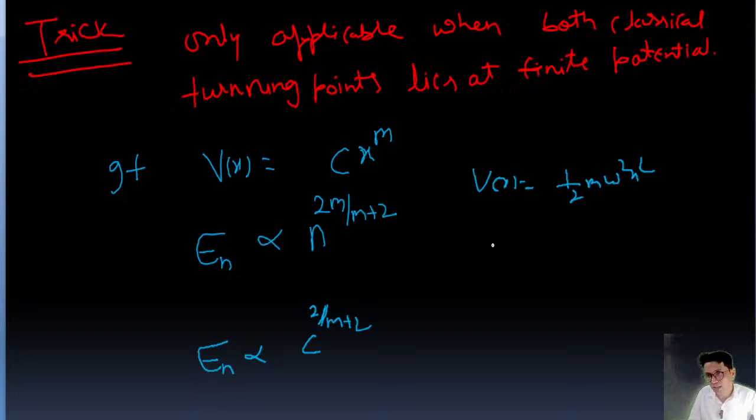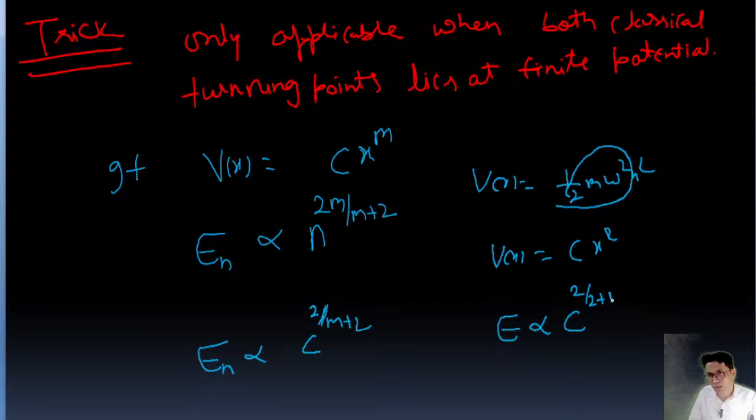So we can write V(x) equal to c x square, because this part is constant. If this is the potential given, then En is going to be proportional to c to the power 2 upon m plus 2, that is 2 plus 2, so proportional to c to the power 1 by 2, in this way.